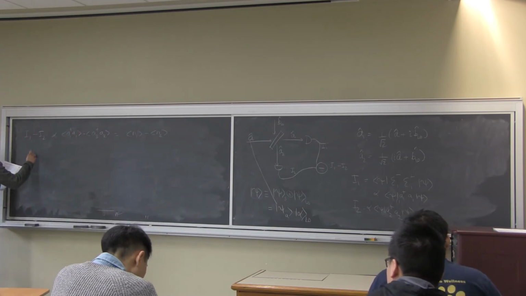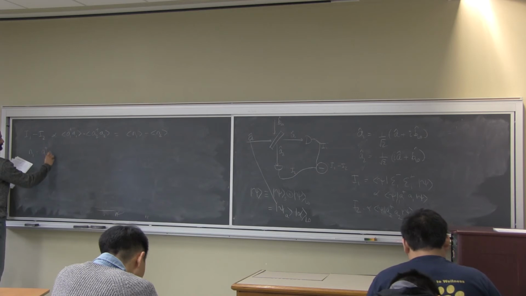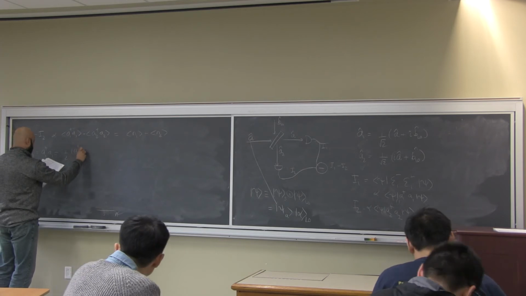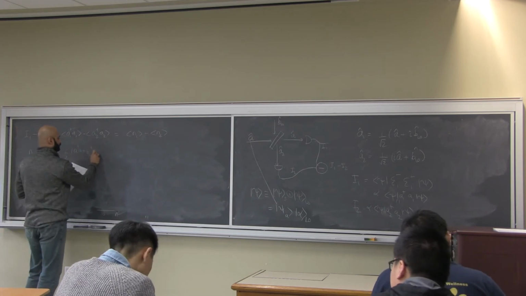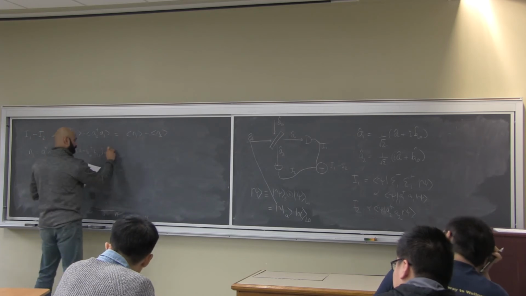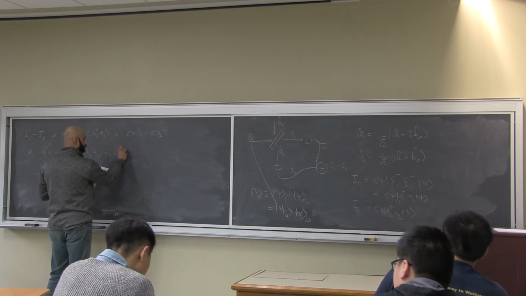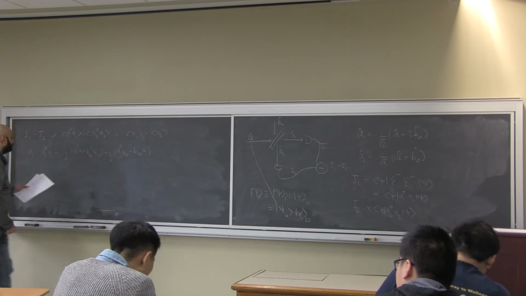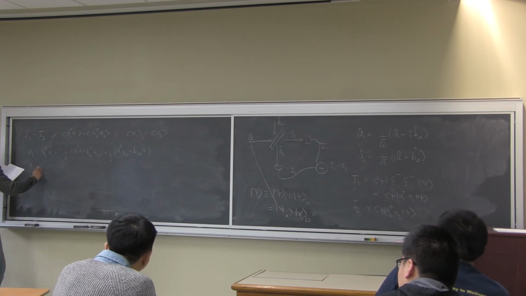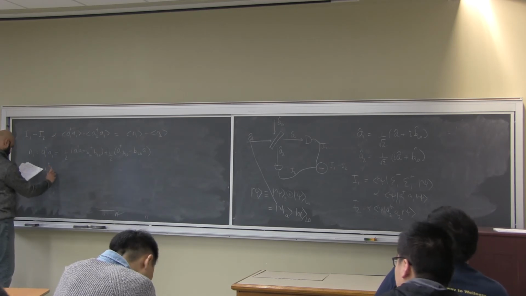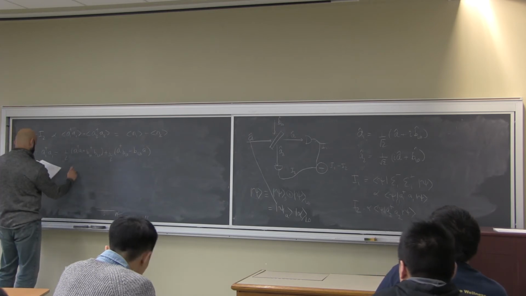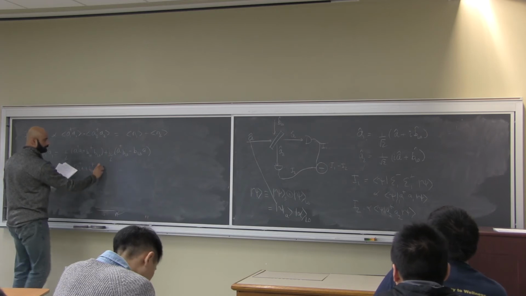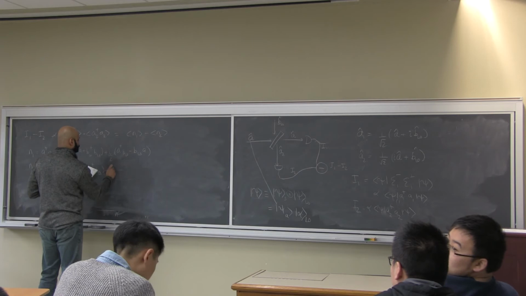N1 is A1 dagger A1, which is just A dagger A plus BLO dagger BLO plus i over 2 times A dagger BLO minus BLO dagger A, just substituting definitions for A1 and A2. And A2 dagger A2 is just A dagger A plus BLO dagger BLO minus or plus i over 2 times the same term.